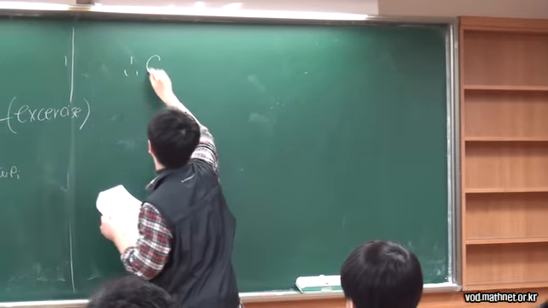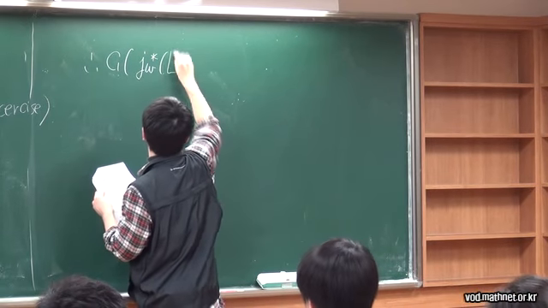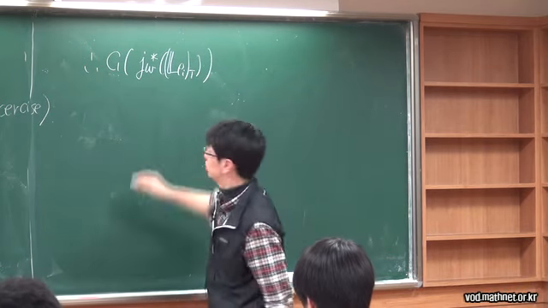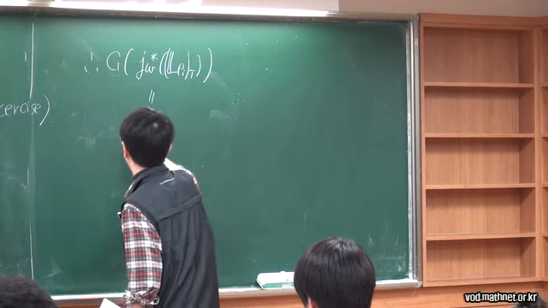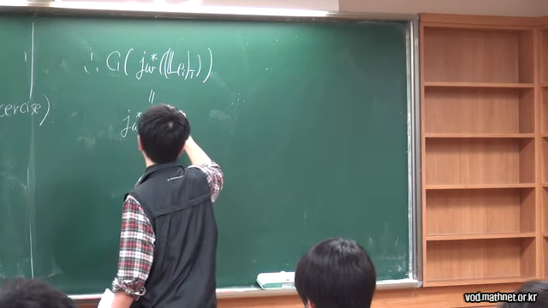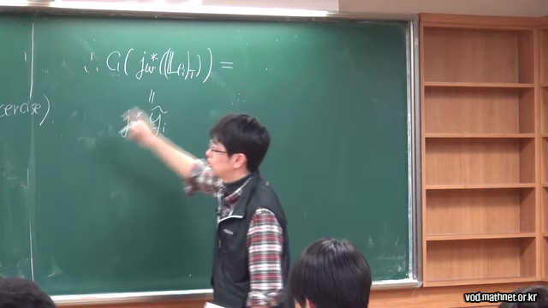Let's take the first Chern class of this bundle. Actually, this is, by the previous computation, JW star Yi tilde. And this part is nothing but this one.